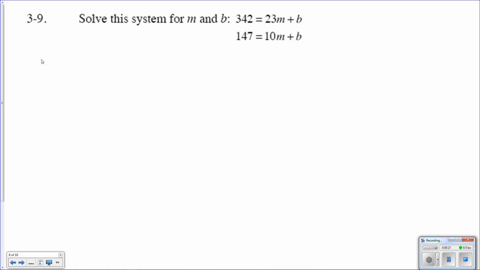Let's go ahead here. I'm going to solve it two different ways just in case you did it one way or the other. First thing here, let's go ahead and do substitution to start out. Now this is also referred to as the equal values method, I think, for some of us.